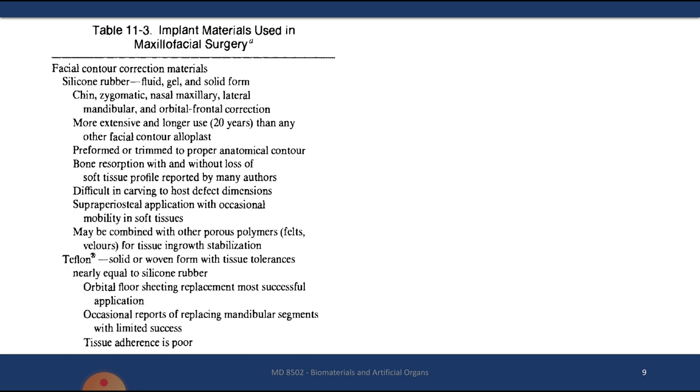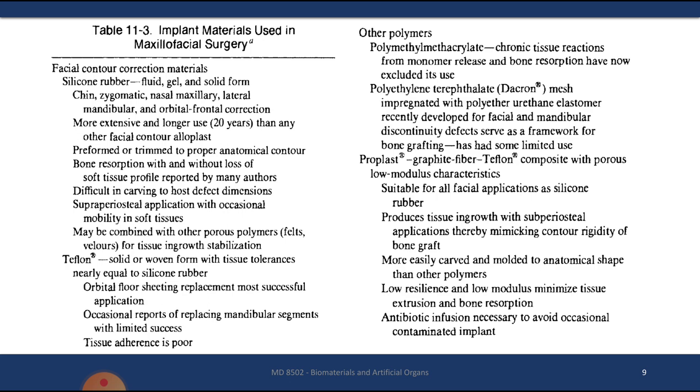And this is the table which shows the summary of all these implant materials used in maxillofacial surgery. So for facial contour correction, the materials listed here include silicone, rubber, Teflon, and other polymers like PMMA, PET, Dacron, Proplast, all those things.